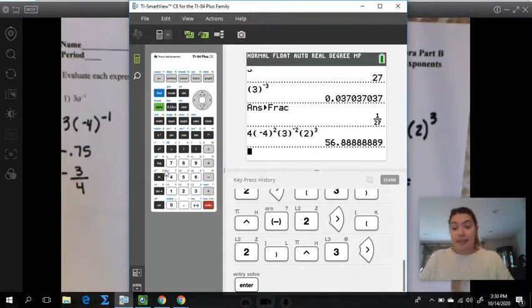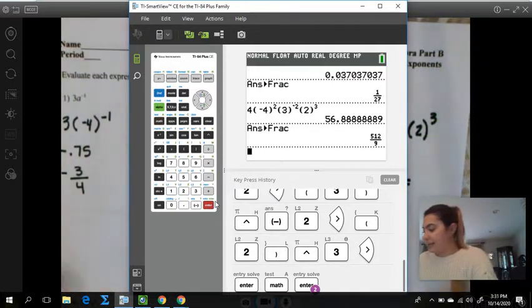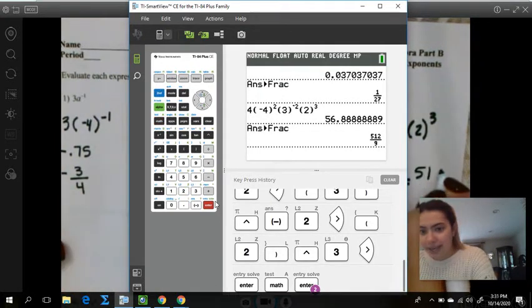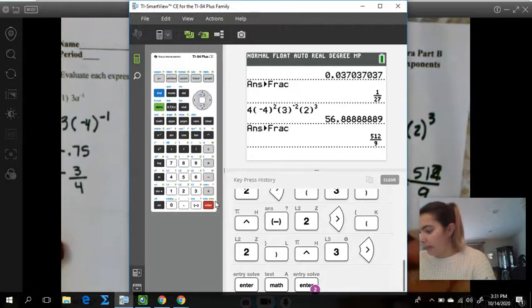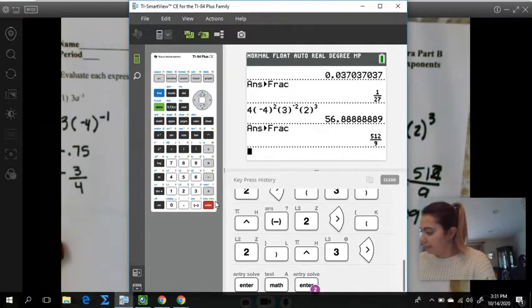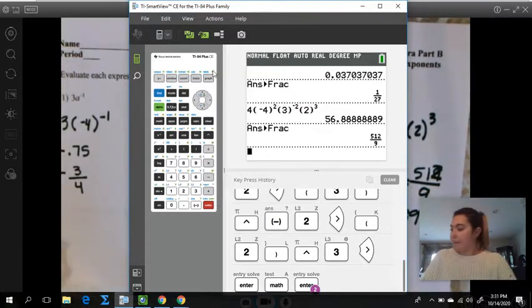And if you look, this gives us a decimal once again. So you can hit math, you can hit fraction, and it gives us 512 over 9. Or if you want to write the decimal, you can: 56.89.